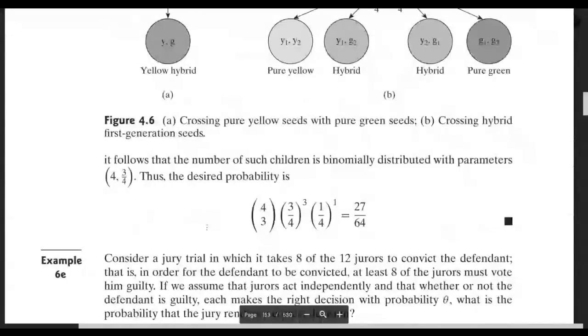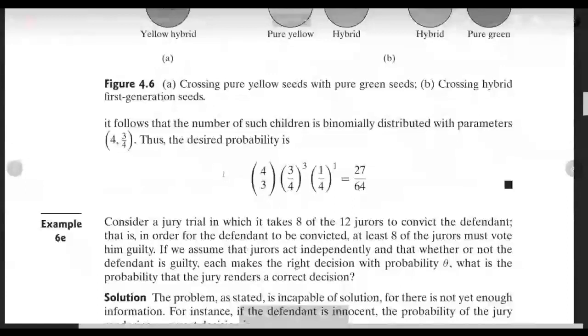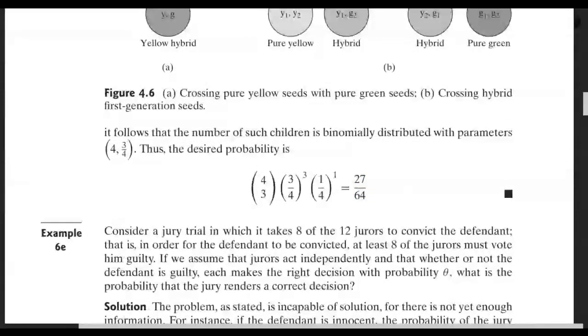Hence, the desired probability is 4 choose 3, times 3/4 raised to 3, times 1/4 raised to 1, which calculates to 27 over 64. Great. Does anyone have any questions about this?